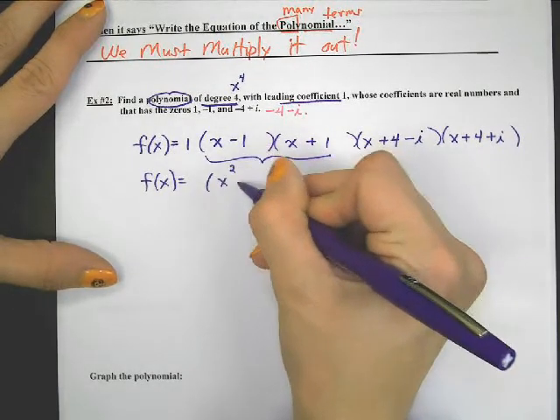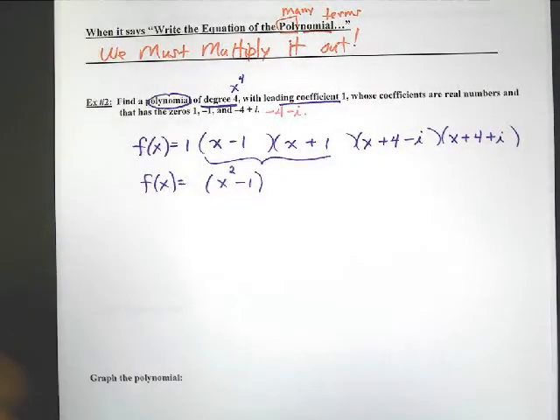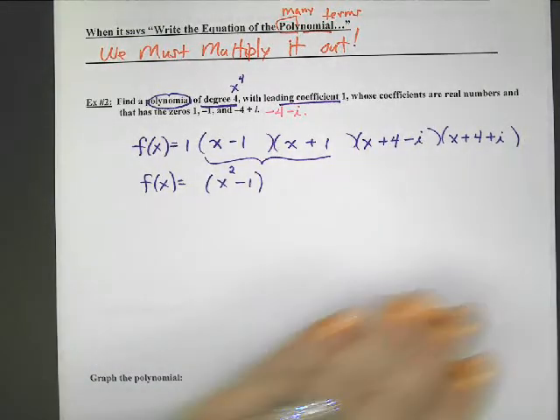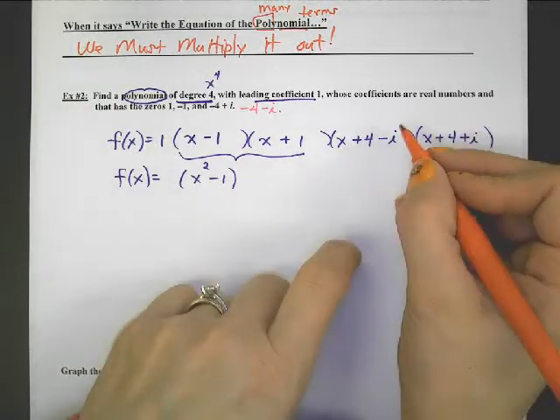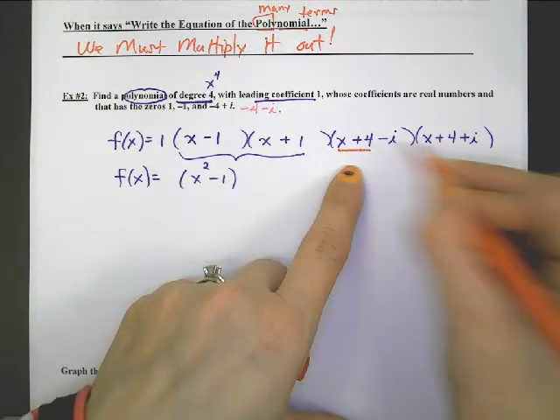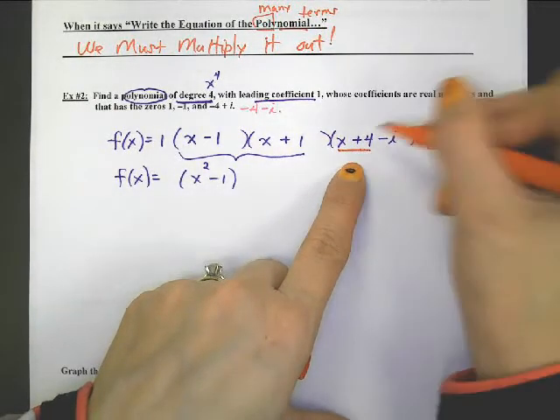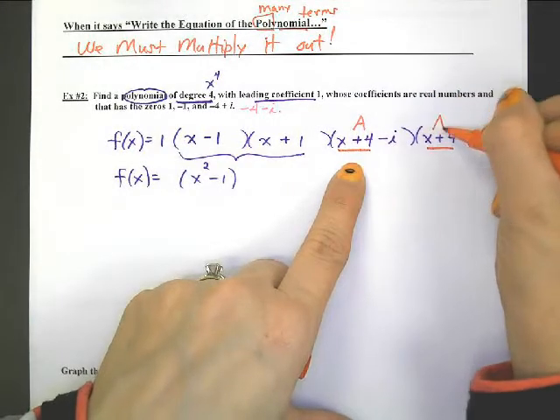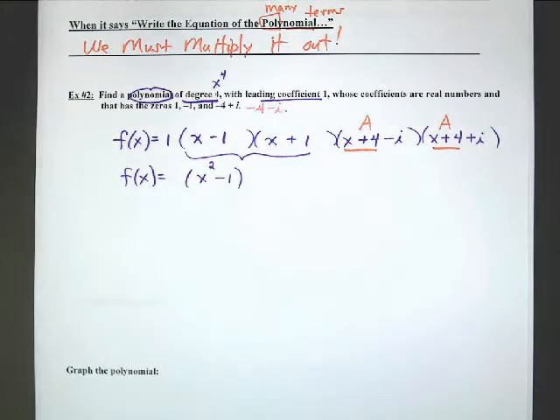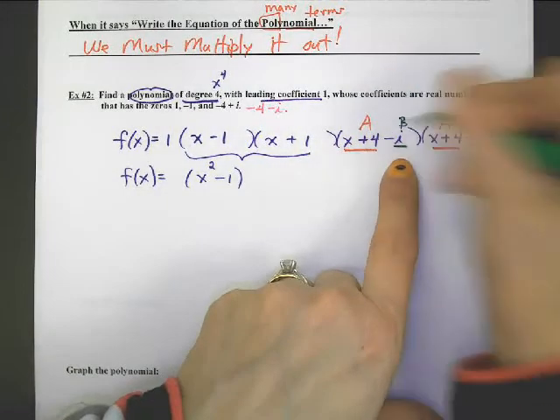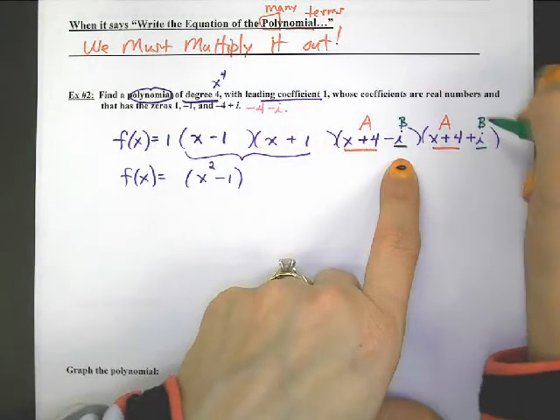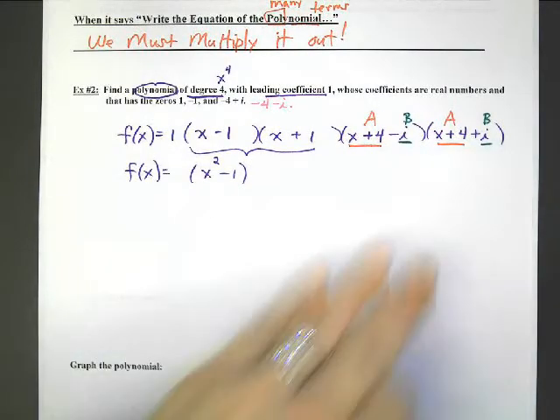x squared minus 1. Okay, now what are we going to do down here? Let's look at this very closely because they both have an x plus 4. I'm going to call that A. And now they both have an i. I'm going to call that a B thing. Okay. Now look what this problem is asking us to do.